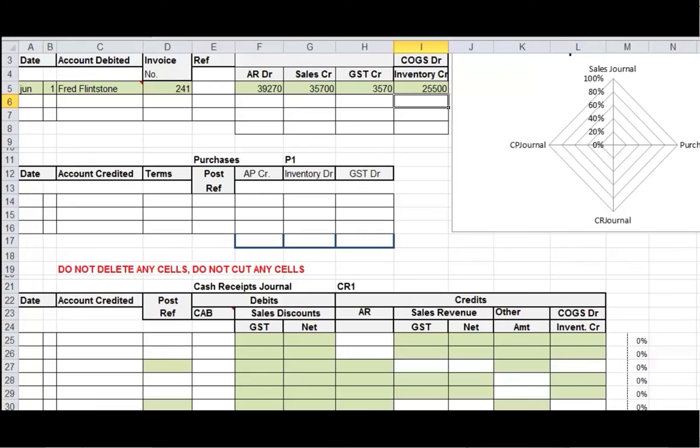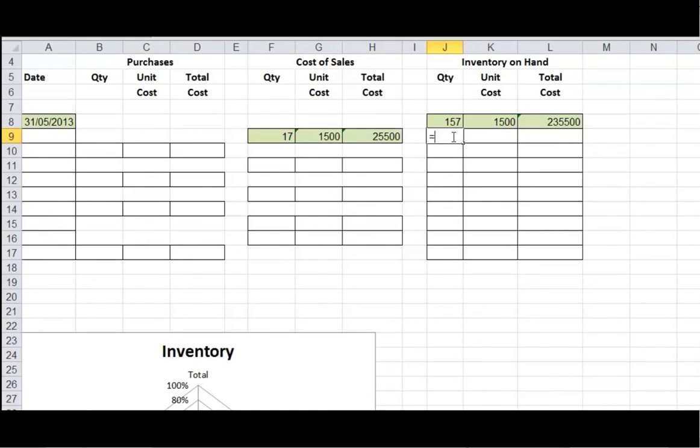I had also better update the inventory record to reflect our fall in inventory. So we've got the 157 computers we had at the start. We've just sold 17 of them, so that moves down to 140.